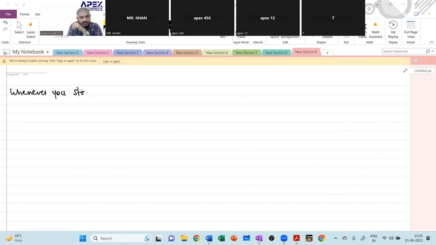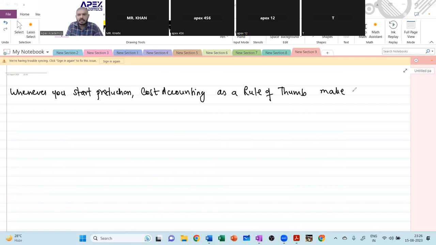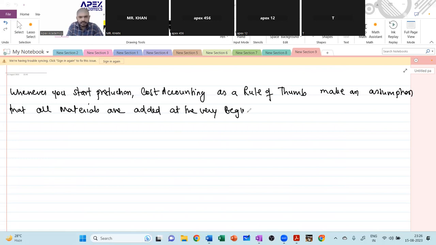Whenever you start production, costing or cost accounting, as a rule of thumb, makes an assumption: all materials are added at the very beginning, and then they are processed over the period.